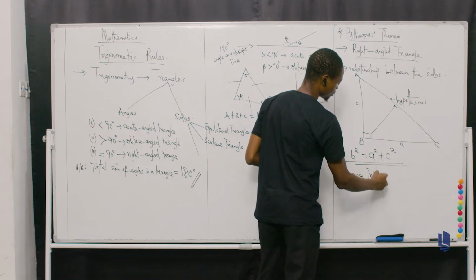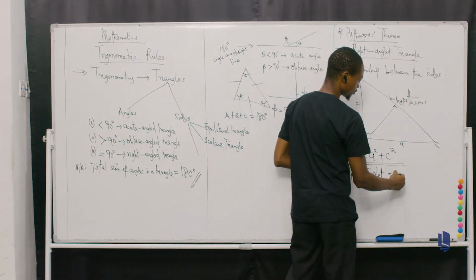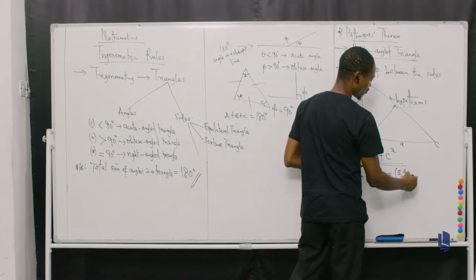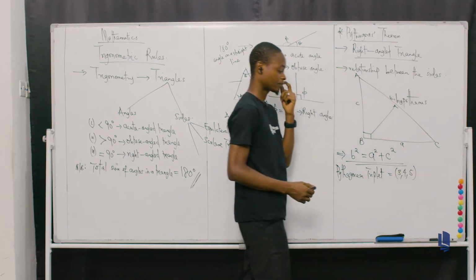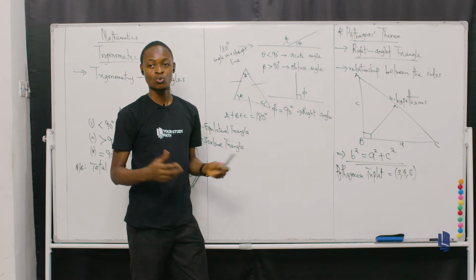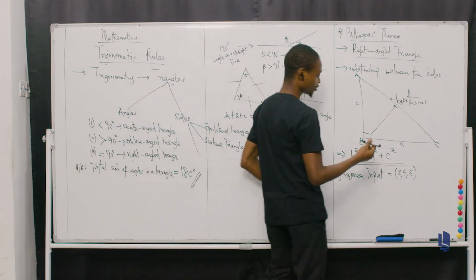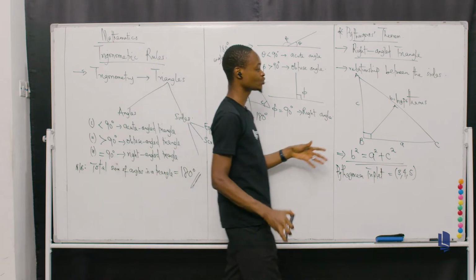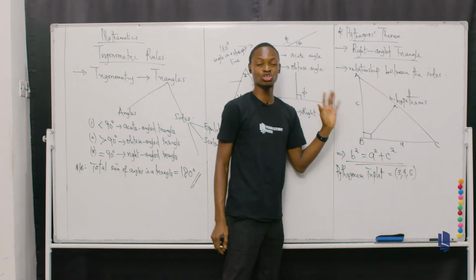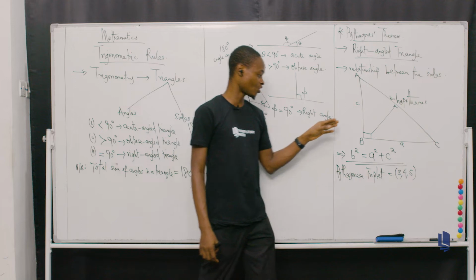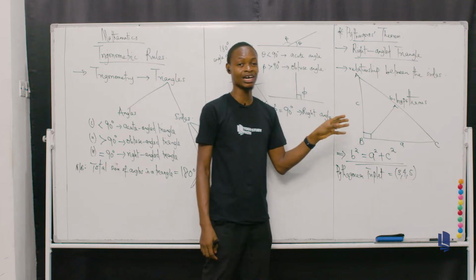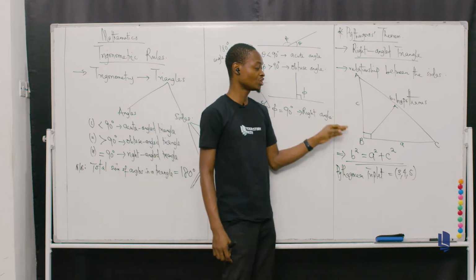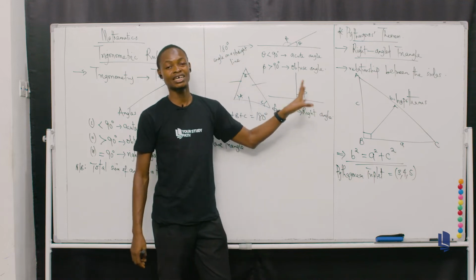A good example of a Pythagorean triplet is 3, 4, and 5. This is a very good example. Why? First off, another point of note: the hypotenuse will always be the longest side. It is also always facing the 90-degree angle, but more than that, it is always the longest side out of the three.